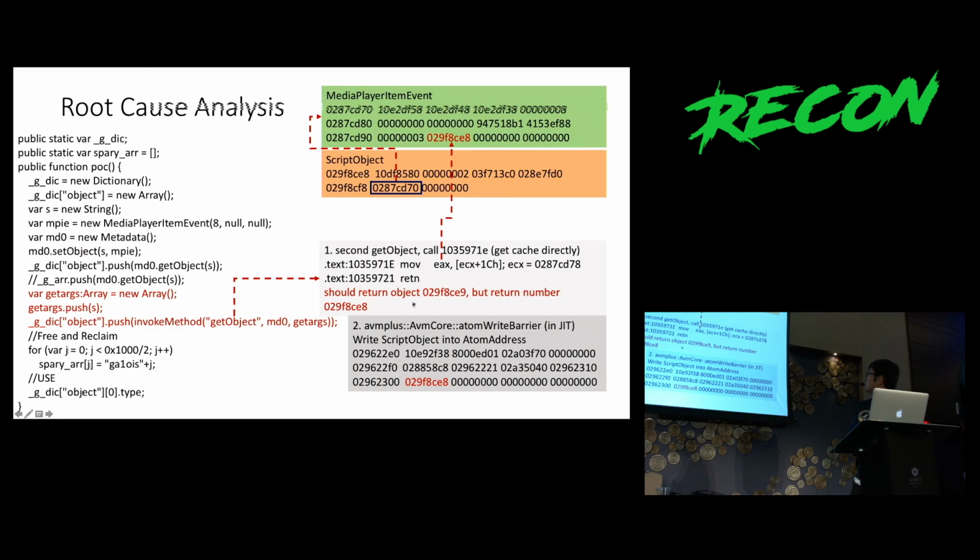It should return object type 29F8CE9, but returns number type 29F8CE8. And then it stores this wrong script object into the atom address in the atom write barrier function in JIT.